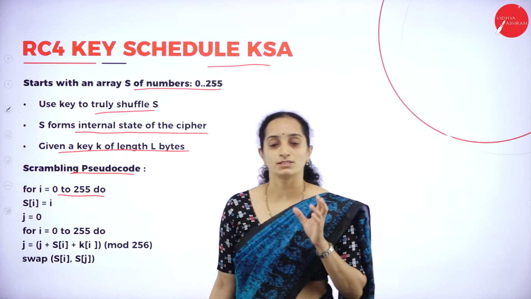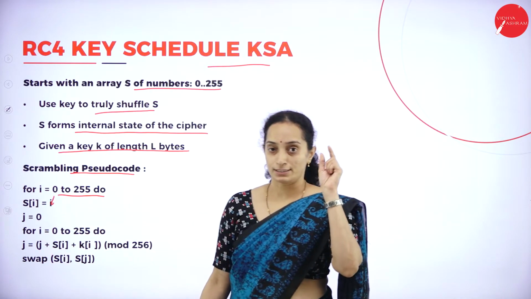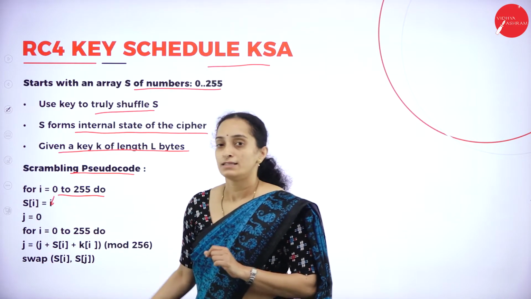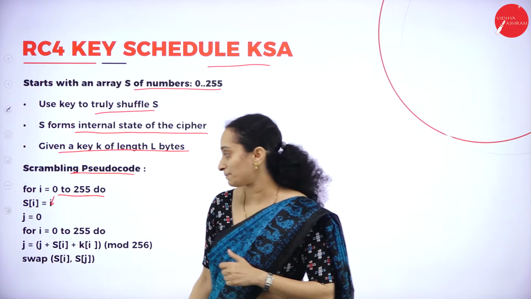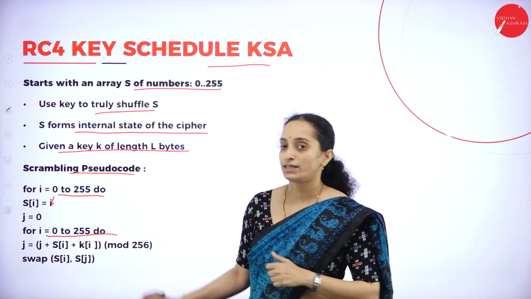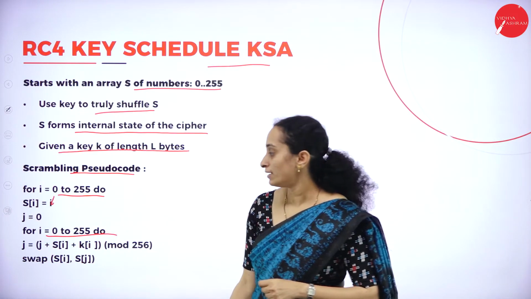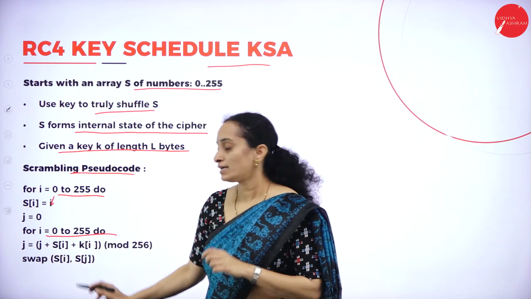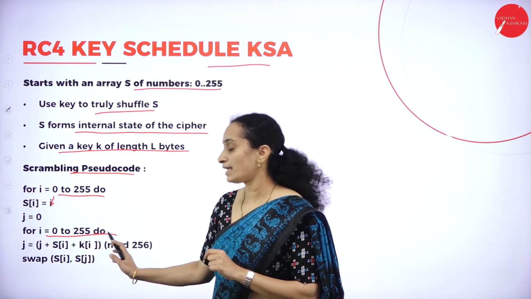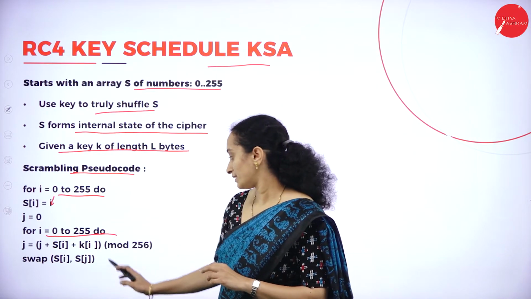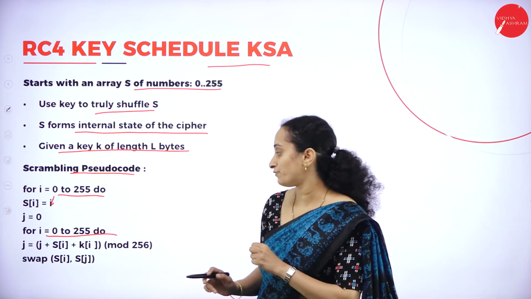We use I from 0 to 255, having the first bit, then the first initialization, the first step of encryption. For I we take the key from 0 to 255. Now what we take is J equals J plus S of I, that is S of 0, plus K of I, the first key, modulus 256.